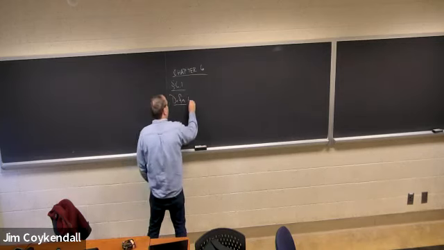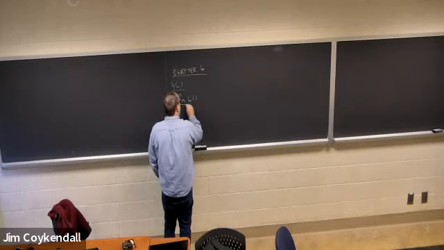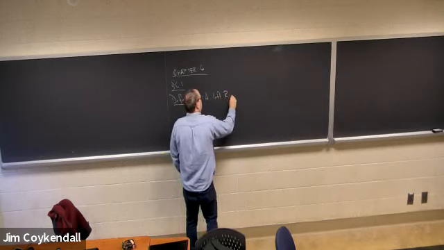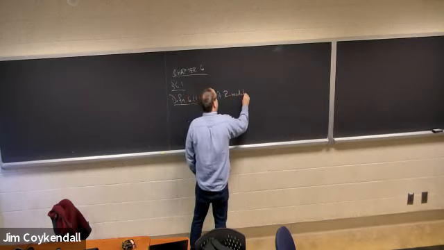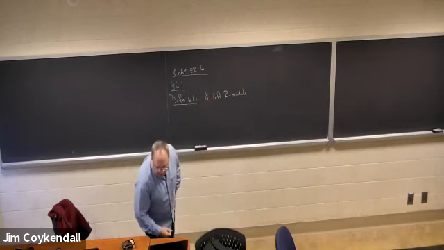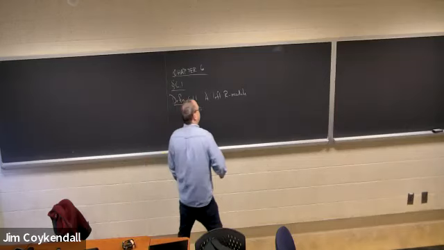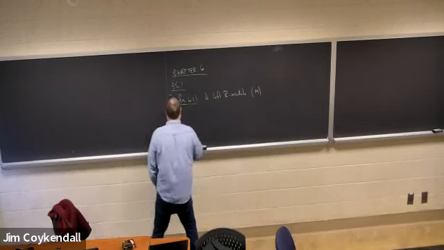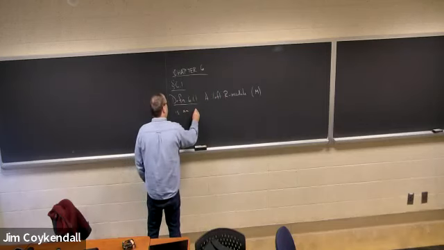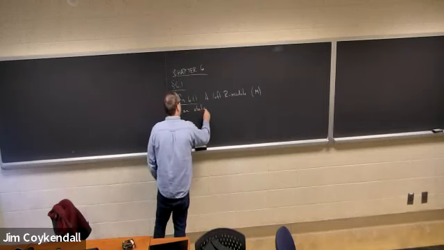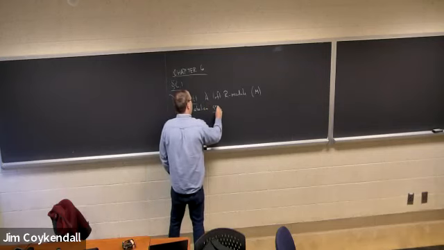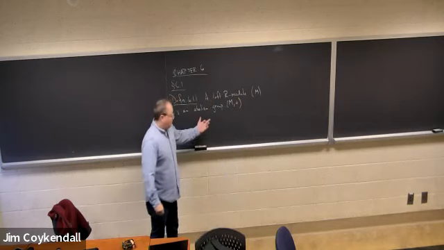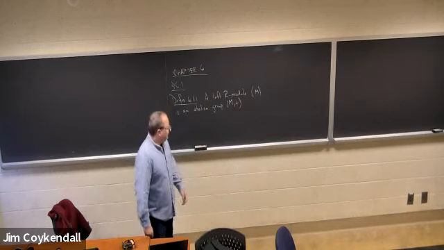6.1.1. A left R module. We'll call it M. So a left R module, which I'm going to call M, is just an abelian group.